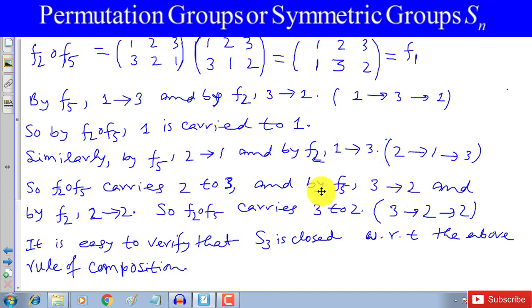By f5, 3 goes to 2, and by f2, 2 goes to 2. So f2 composed with f5 carries 3 to 2. It is easy to verify that S3 is closed with respect to the above rule of composition.